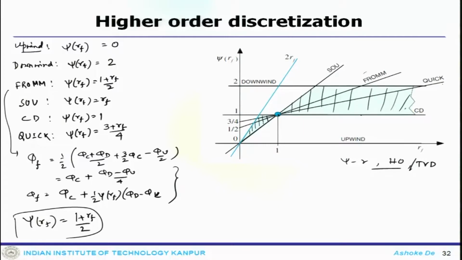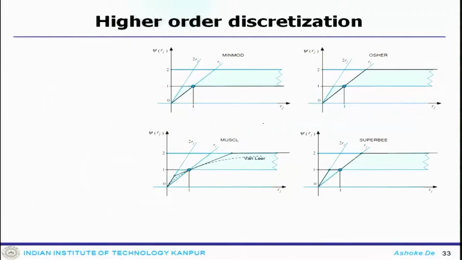So, here we can see some of these limiters like the minmod limiter, Osher limiter, Muscl limiter. So, these are all shown in the psi r diagram.